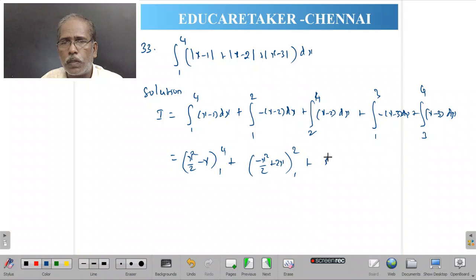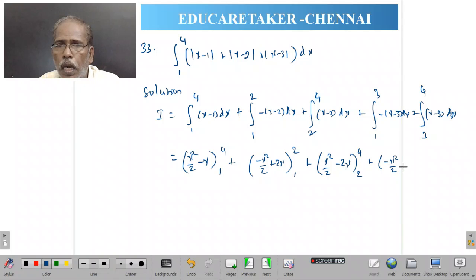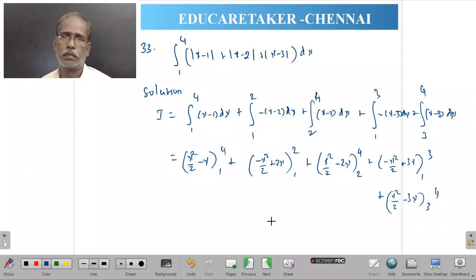Plus x square by 2 minus 2x, with lower limit 2 and upper limit 4. Then plus minus x square by 2 plus 3x, from 1 to 3. Then x square by 2 minus 3x, lower limit 3, upper limit 4.